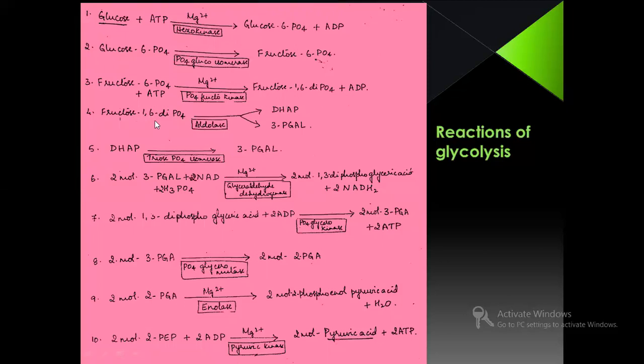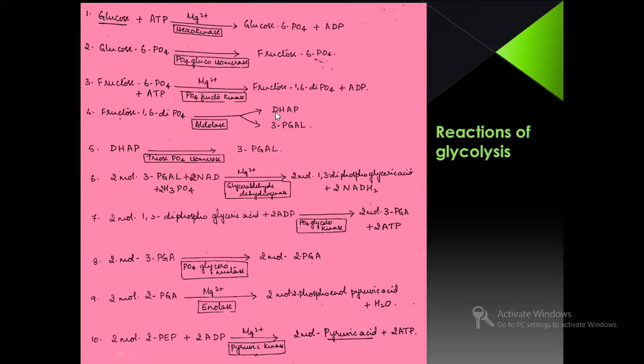Okay, then this fructose 1,6-diphosphate, now it is a 6-carbon molecule, so it cleaves into DHAP. So what is DHAP? It's nothing but your dihydroxyacetone phosphate, and the other molecule, that is your 3-PGAL, that is 3-phosphoglyceraldehyde, in the presence of an enzyme referred as aldolase, right?